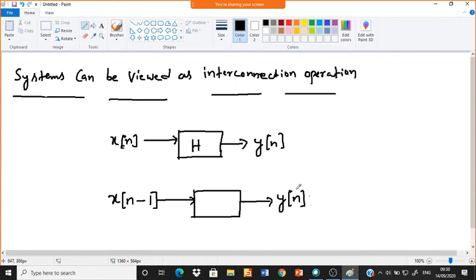If you take y of n, the input signal is a shifted version of the signal, that is x of n minus 1. This is h. Now how can we define this?